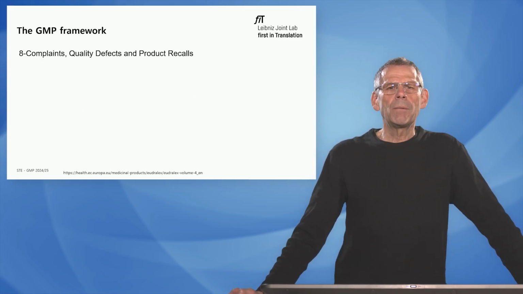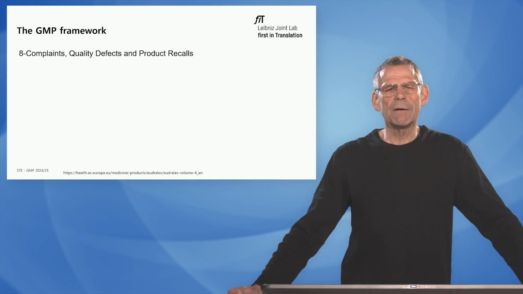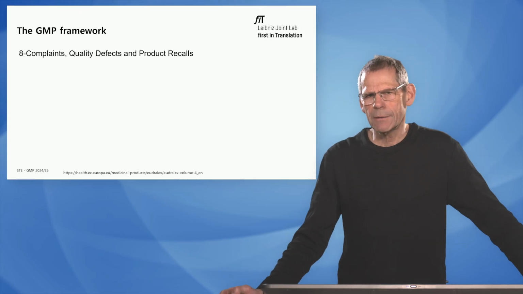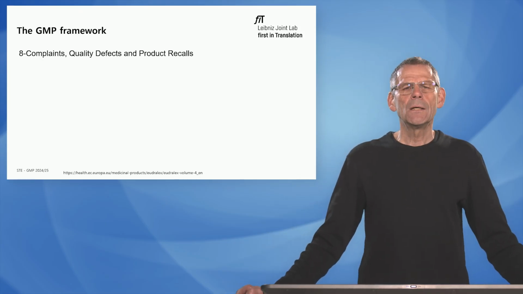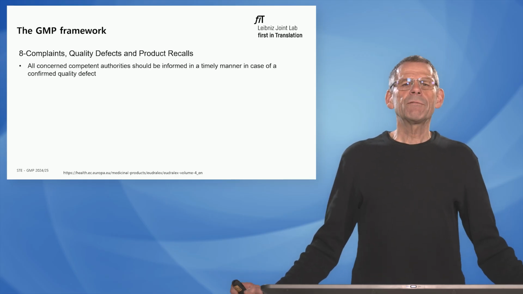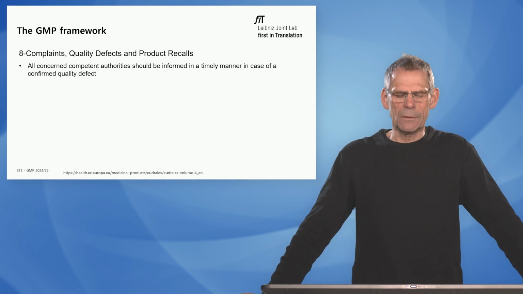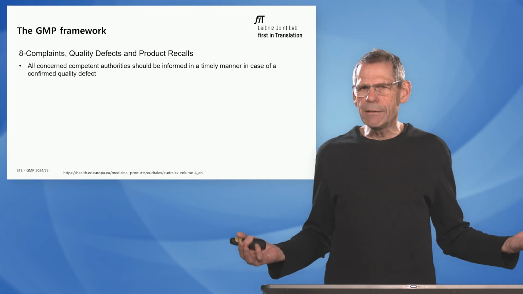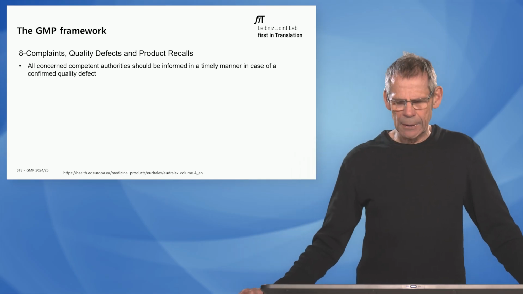Then we also have complaints, quality defects, or product recalls. Whenever we are in a manufacturing environment, it might happen that something in the product or in the manufacturing occurs that we do not really like. So all the concerned competent authorities should be informed in a timely manner in case of a quality defect, just for information first.